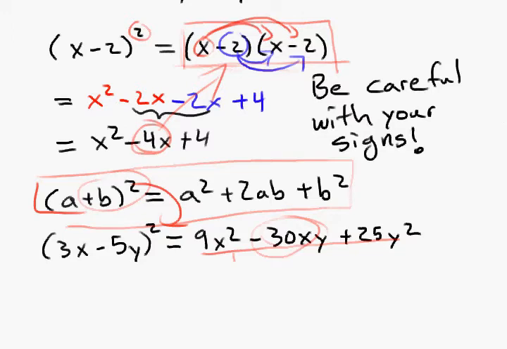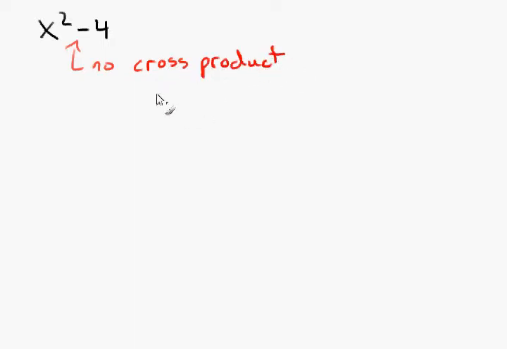So, previously I wrote x squared minus 4. We can get to this using a product of binomials. What I need is no cross product. So we'd need the x to the first power terms to cancel. When would that happen?